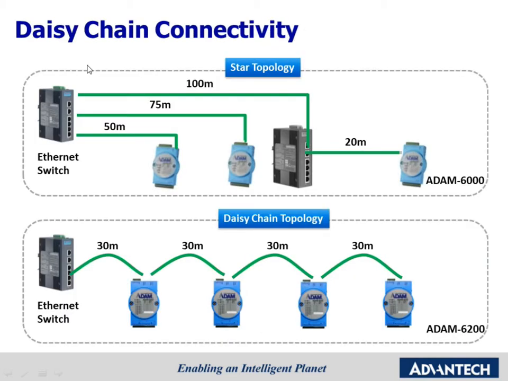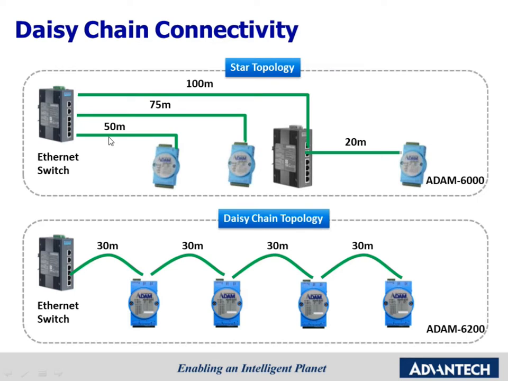Let's see the daisy chain connectivity in the following picture. For ADAM-6000 series, there is only one LAN port. So if a controller wants to connect to multiple devices, you need a switch for extending LAN port.